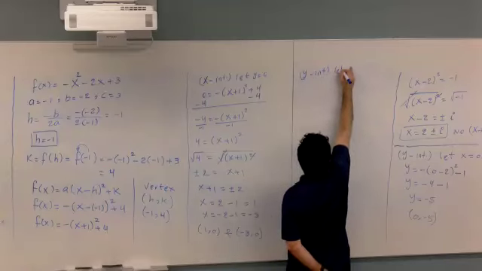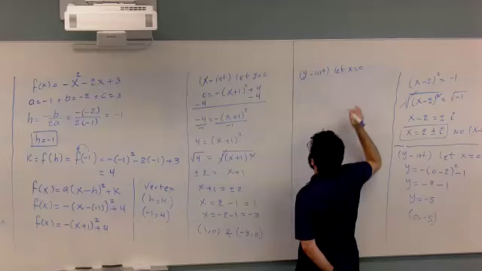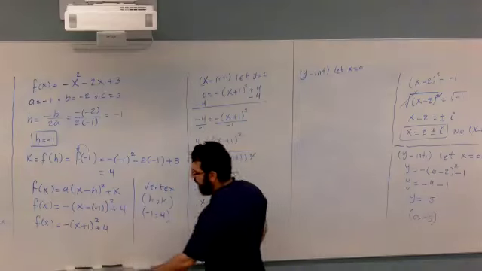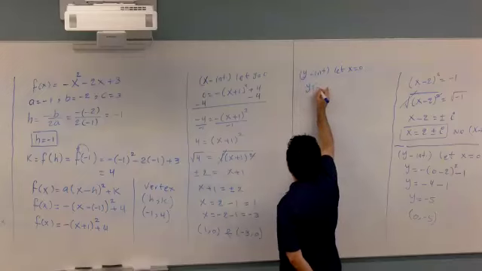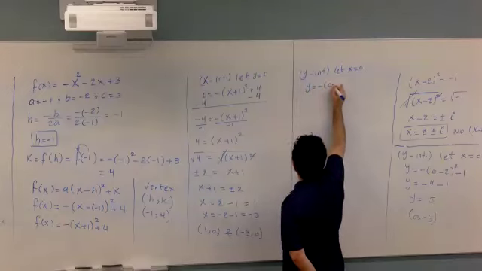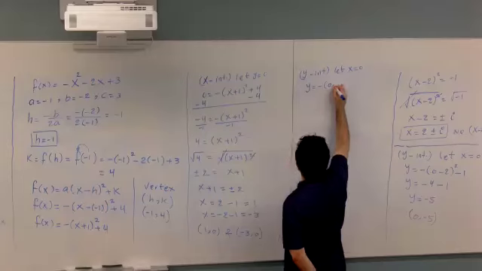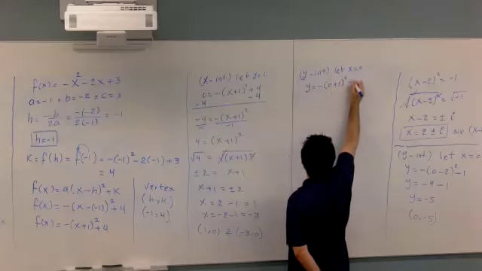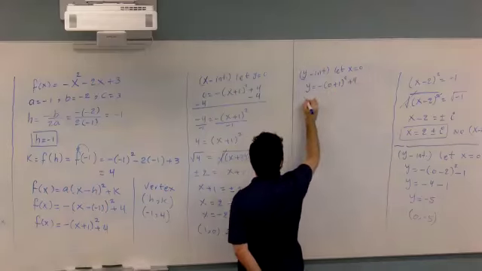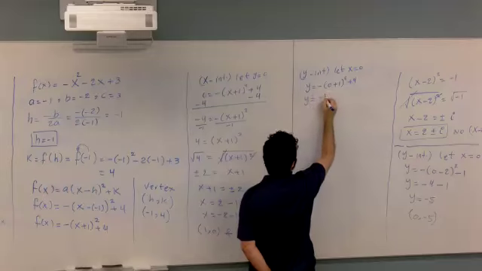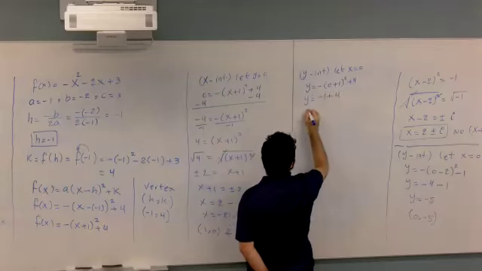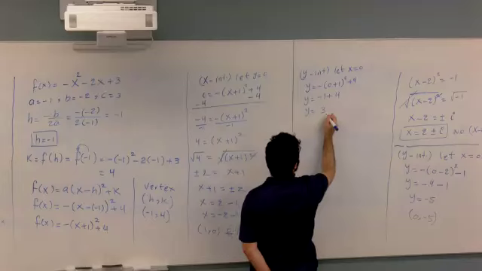Let x equal 0. Go back here, to the vertex form. So y is going to be equal to negative (0 plus 1) squared plus 4. 0 plus 1 is 1, squared is 1, with the negative it's negative 1, plus 4. So y is going to be equal to 3.